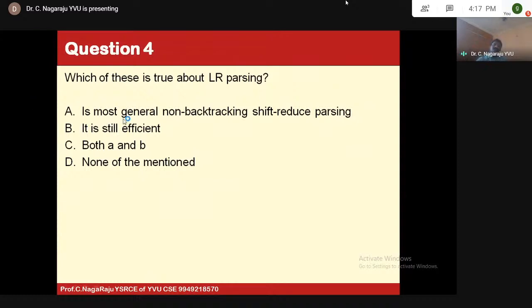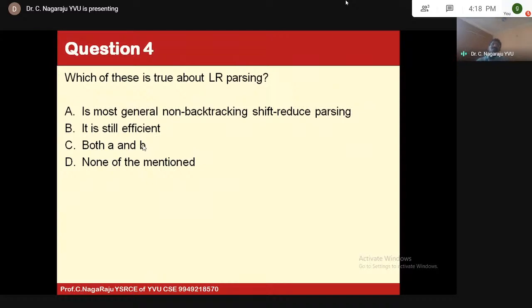So it is the most general non-backtracking shift reduce parser. In the introduction of LR parsing, I already explained that. So A is correct, and it is still efficient. That's why the extensions, CLR and SLR parsers, are built on the LR(1) parser, which is very efficient.